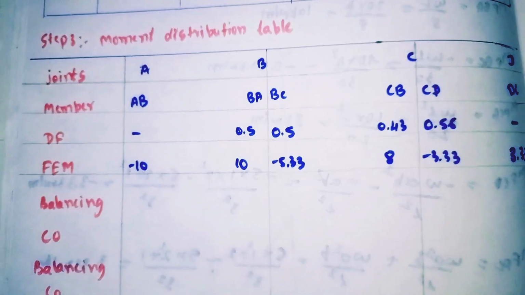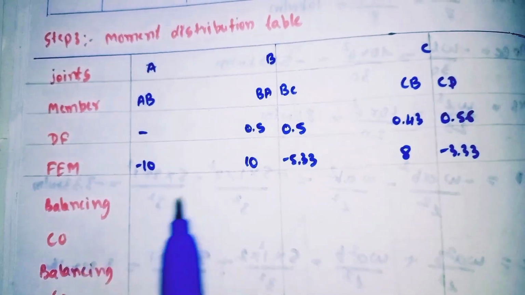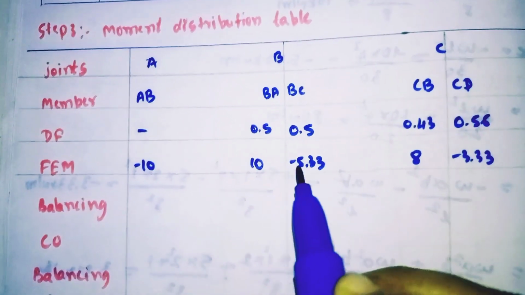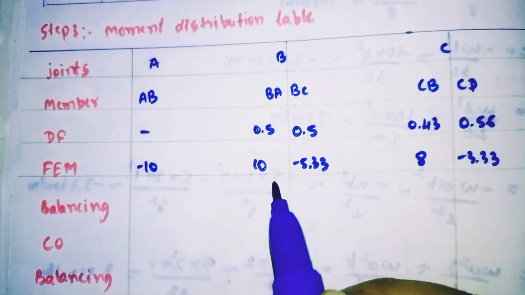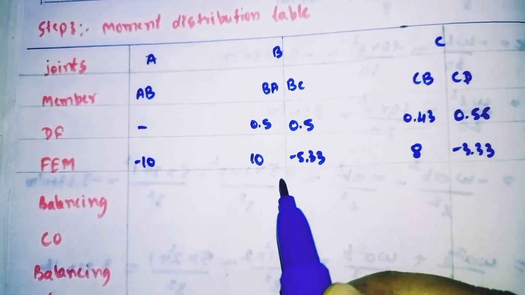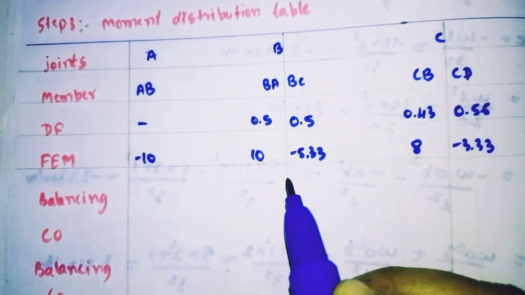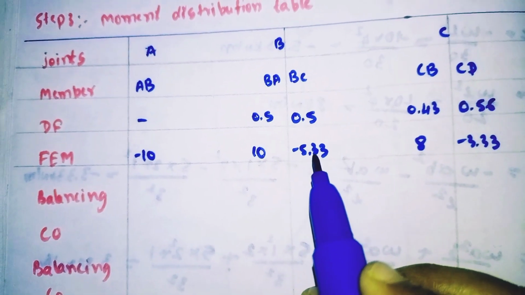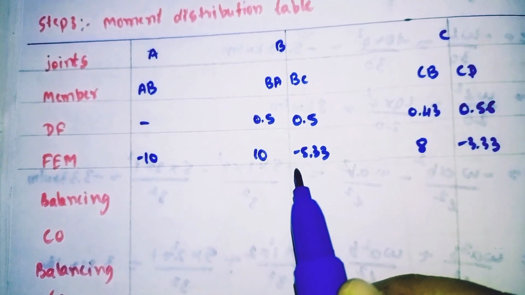So now what we have to do is the balancing. Balancing means we add these two, then after adding, we change the sign. If we get a positive answer, we make it negative. If we get a negative answer, we make it positive. So 10 minus 5.33 comes out as a positive answer, 4.67.